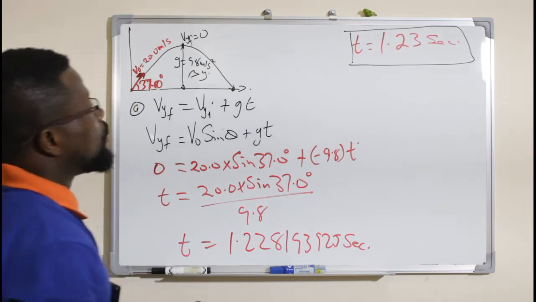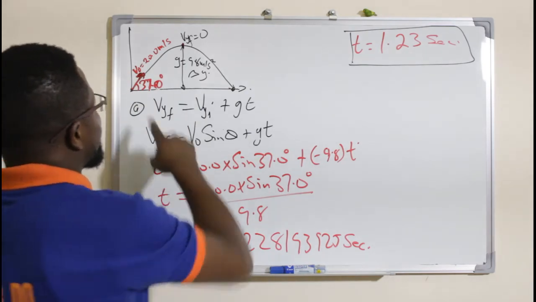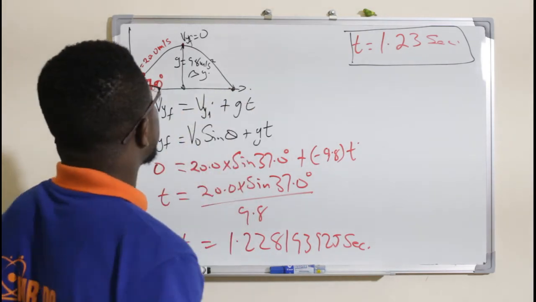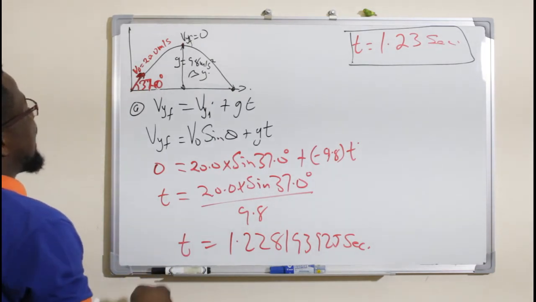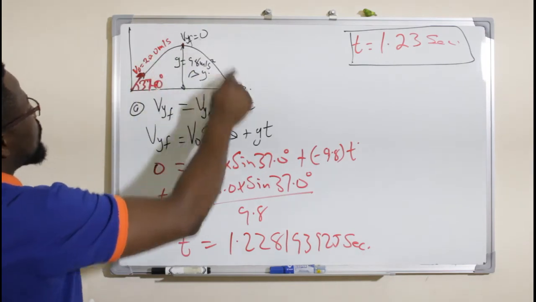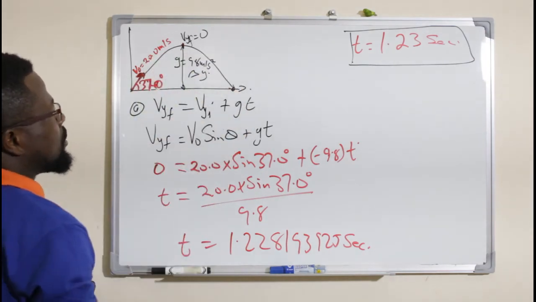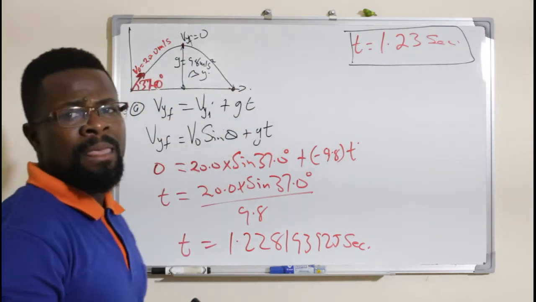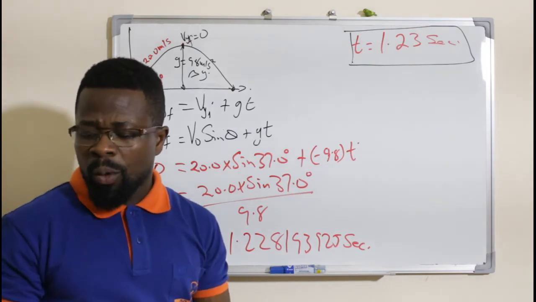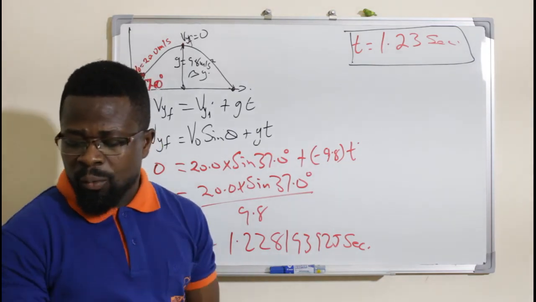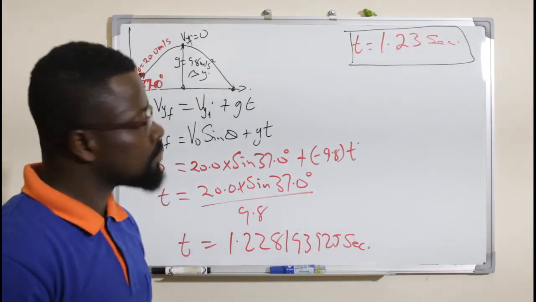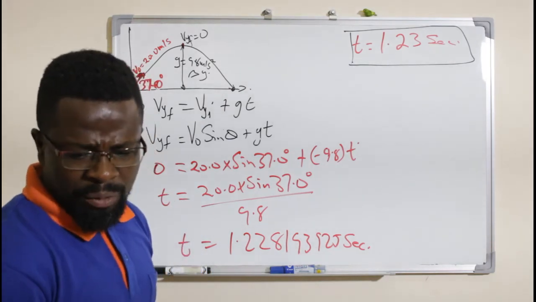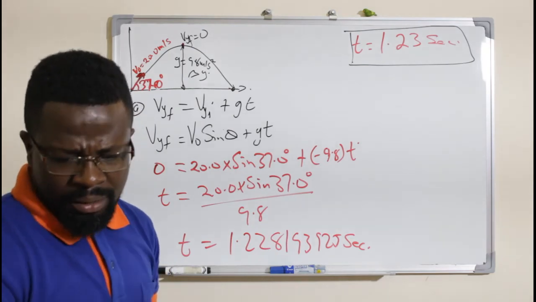And if I'm looking for the maximum height that is going to be reached by this ball, then I need to find the total time it will take the projectile to reach the ground. And once I know that total time, let's see what we want from the question. Sorry, let's check it out again.